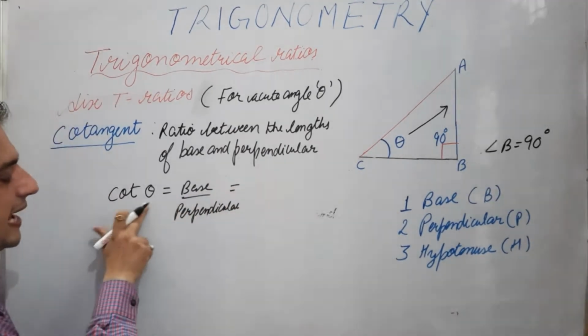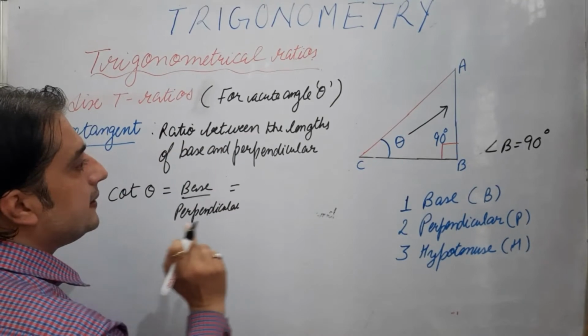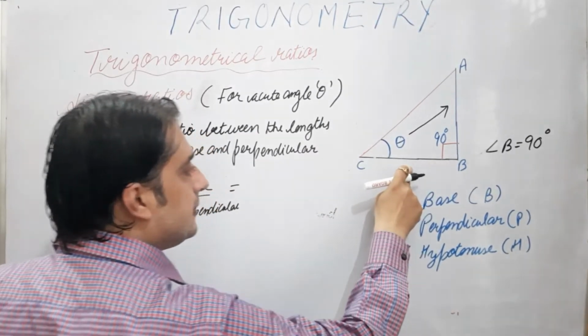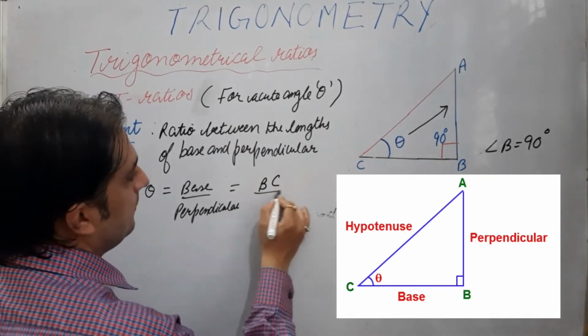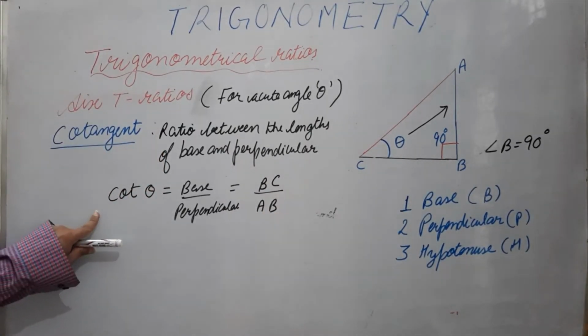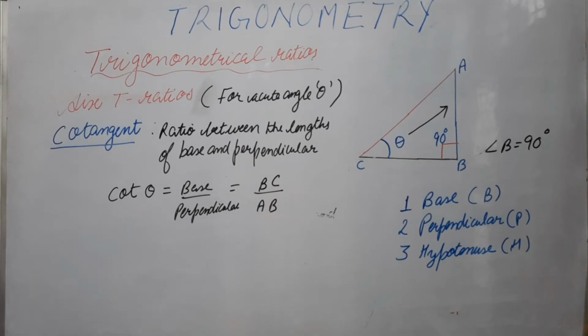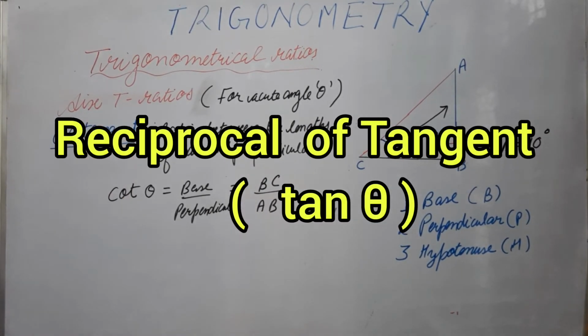The opposite side to this angle is perpendicular, that is AB, and the adjacent side is base, that is BC. Again, this T ratio is the reciprocal of the ratio known as tangent. So this is the reciprocal of tangent, right?